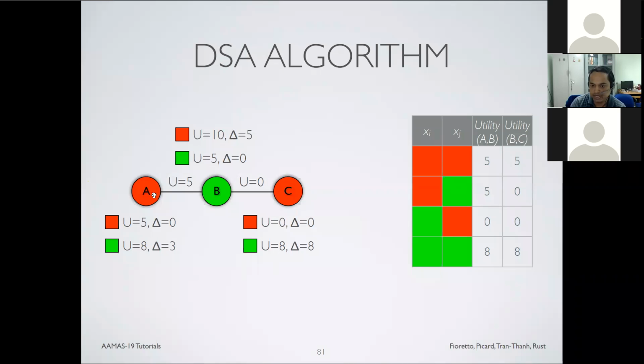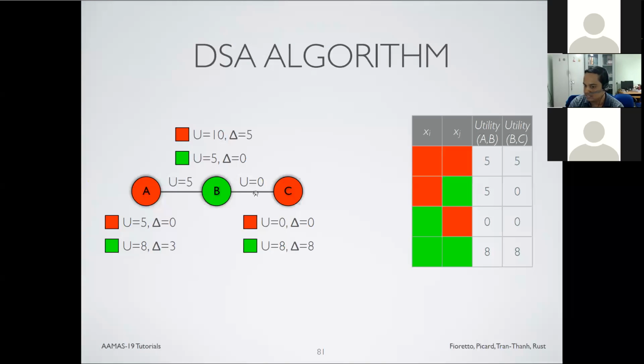But instead of red, if we could choose A as green, then what will be the utility? This is green. So green, green 8, and green, red 0.